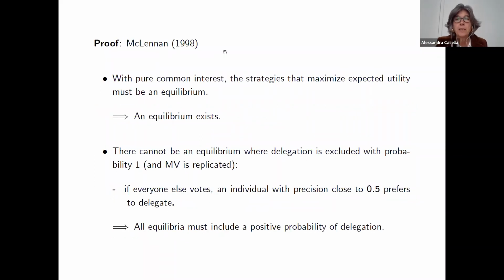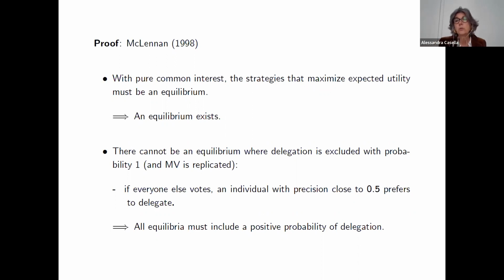The proof actually comes directly from McLennan, so it's a nice result because it has a very easy proof. We know from McLennan that with pure common interest, strategies that maximize expected utility must be an equilibrium. So we know that an equilibrium exists. The only thing we need to show is that if delegation is allowed, there cannot be an equilibrium where delegation is excluded with probability 1.